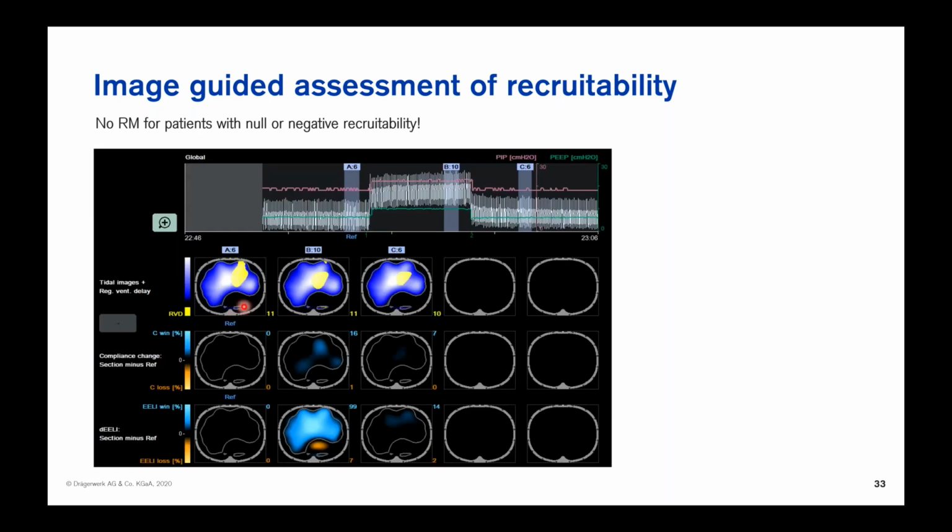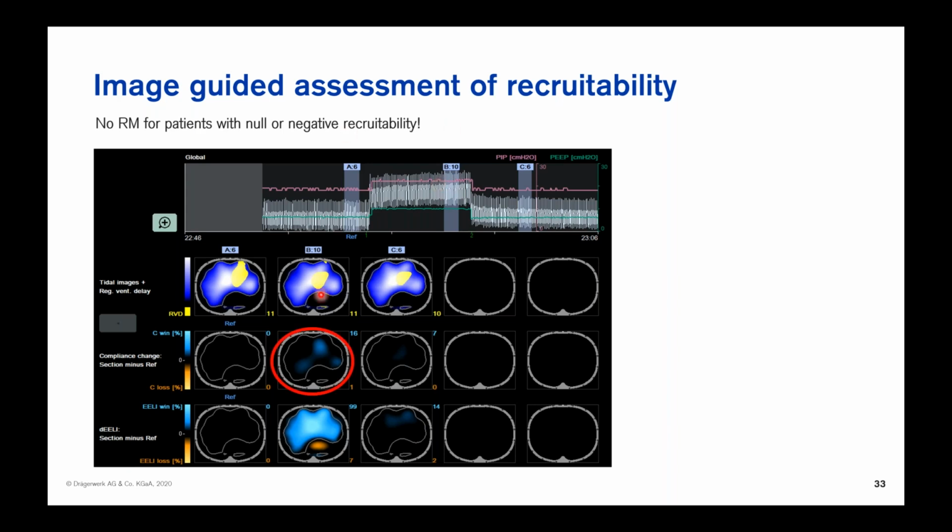Another example. This is an example where obviously there is a very asymmetrical shape of the dorsal ventilation distribution. What you also see is absence of ventilation in the dorsal left lung. If you do this little test, in this case, the PEEP was only elevated by 4 centimeters of water.